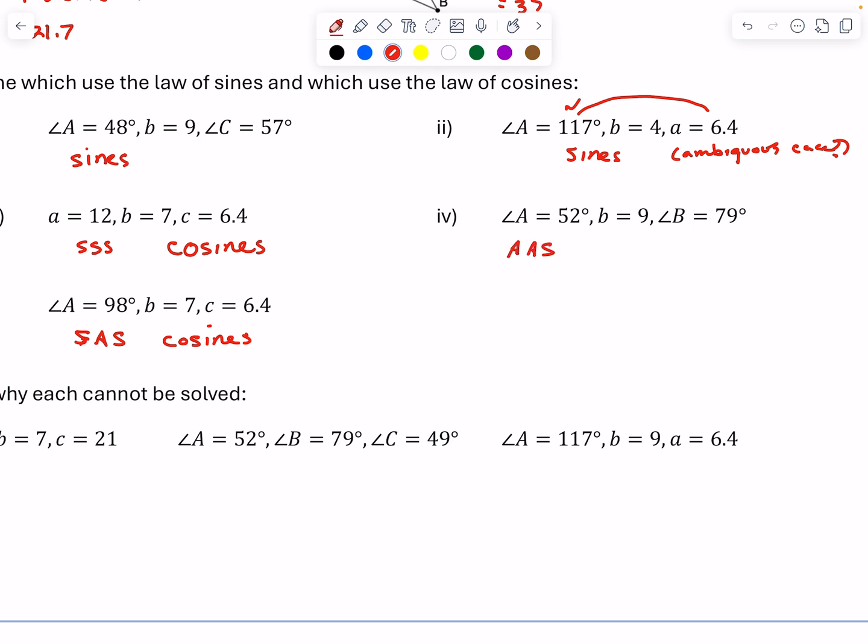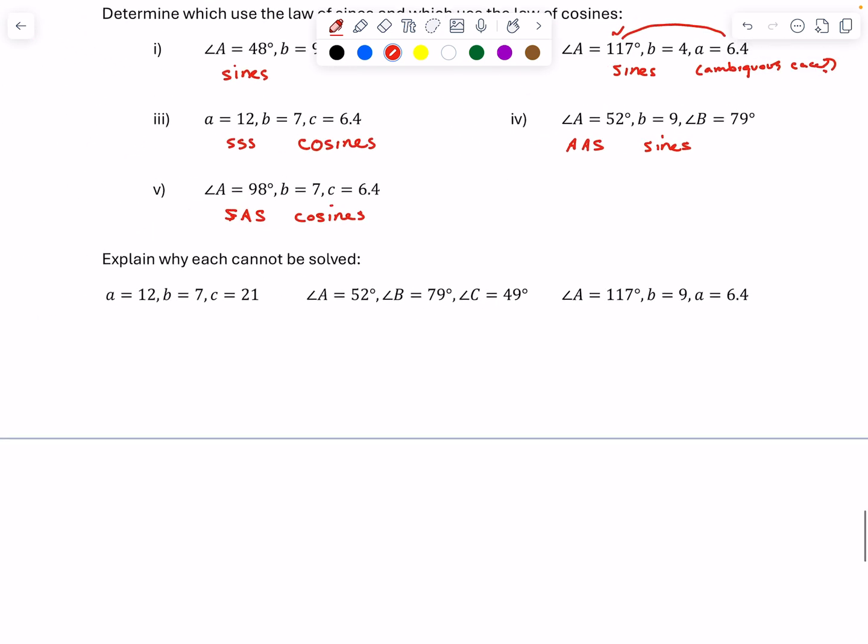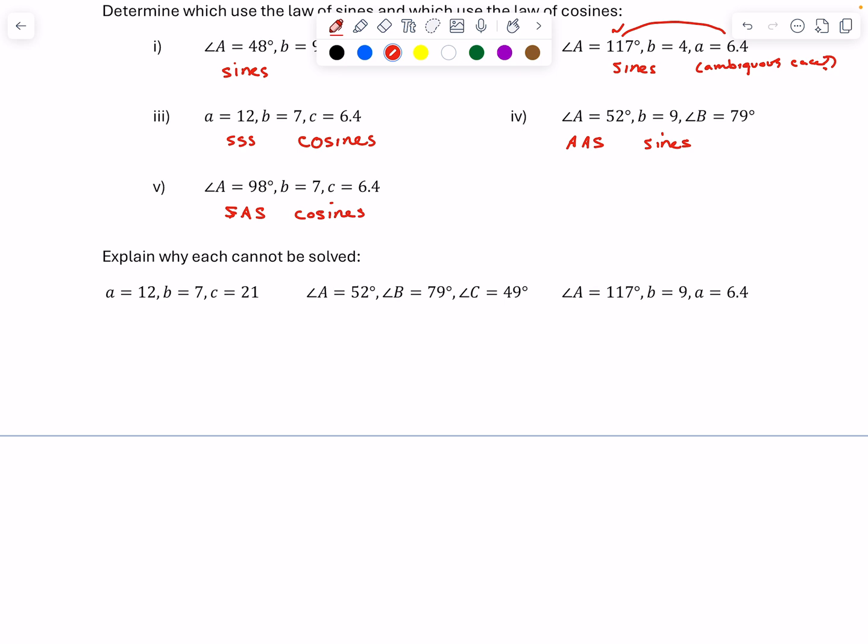Two angles, you know it's law of sines, because you find the third angle, and then it doesn't matter whether it's angle side angle or angle angle side, because you got 3 angles already. You got a side. Okay, so why is this one a problem? The problem is 21 is bigger than 12 plus 7, and you can't make a triangle out of it.